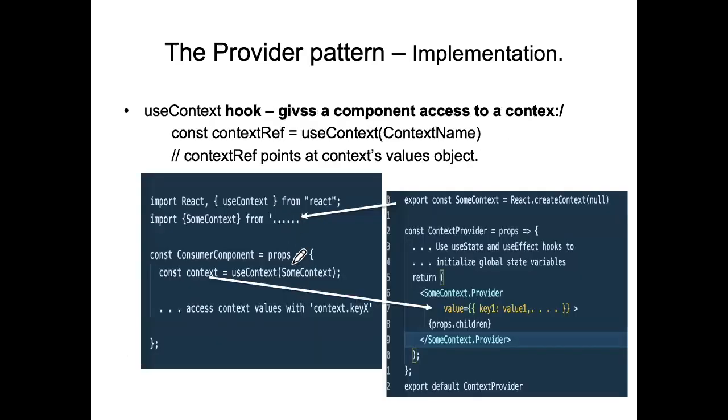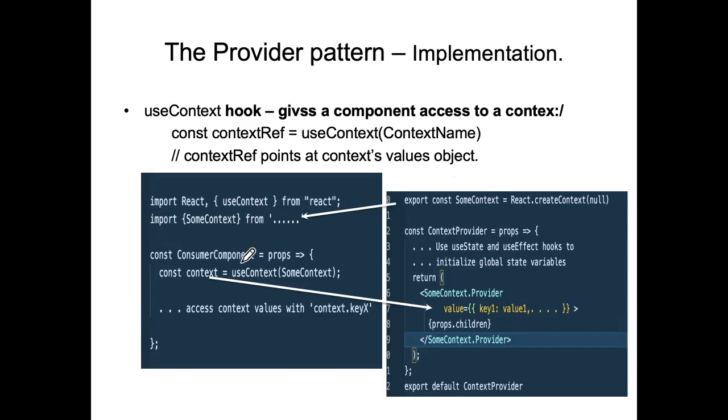So here's a consumer. We don't know whether it's a page or part of a page. It doesn't really matter. Things to note are, it is importing the context. It's not importing the context provider. On the right here, I'm actually repeating the provider component that I showed you two slides back. But I'm also, as I mentioned at the time, exporting the actual context construct. And that's what's being imported here.